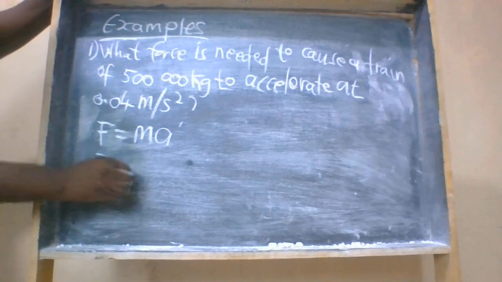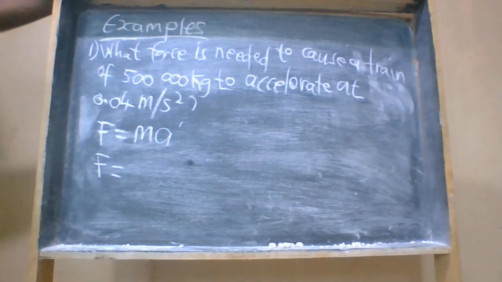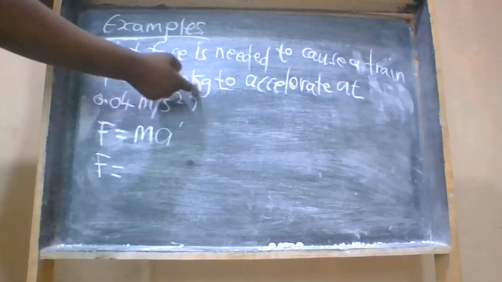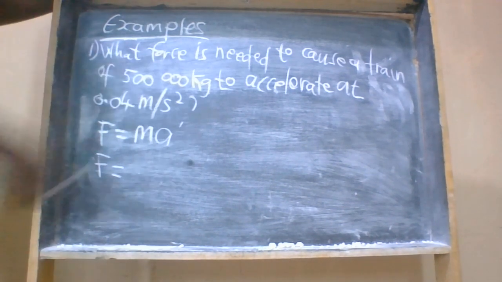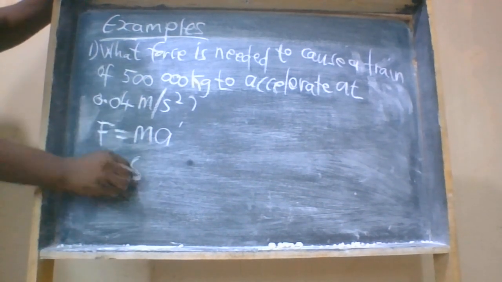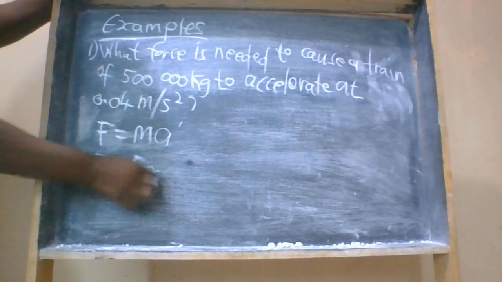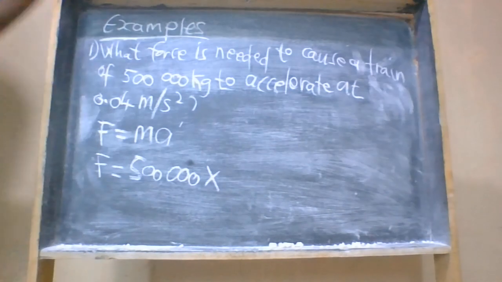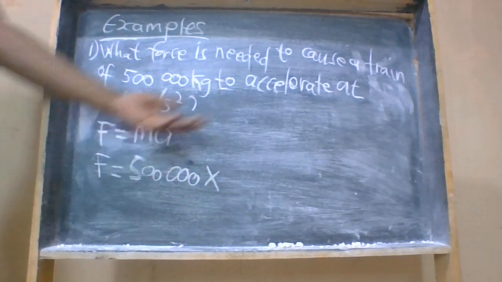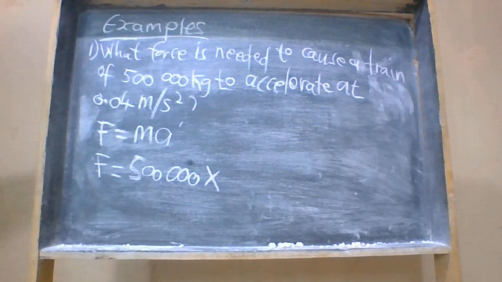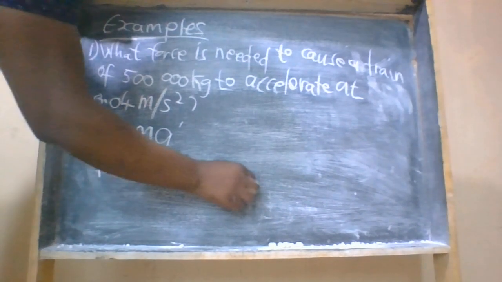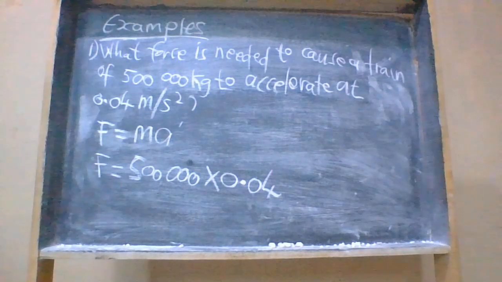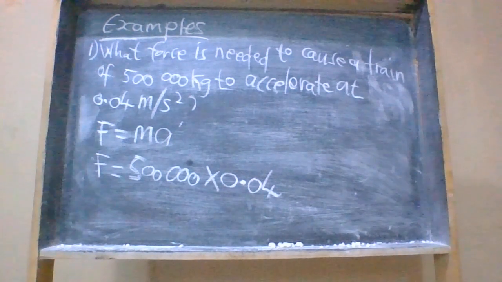Force equals the mass, which has been given in the question, and the SI unit for mass is kg, so that is 500,000, multiplied by the acceleration which you have been given, which is 0.04.